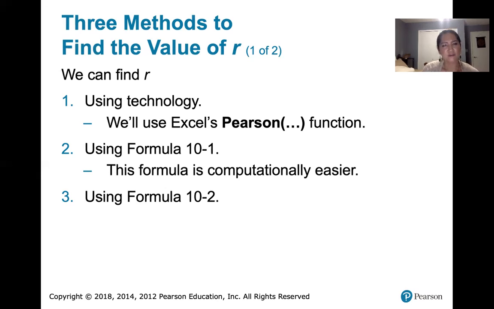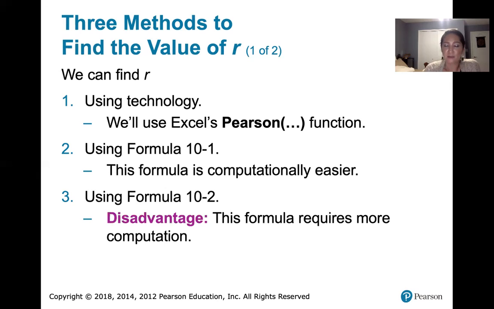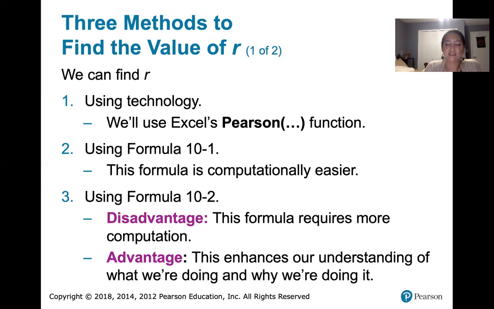Then the third method for computing the value of R is to use formula 10(2). Now, this does require more computation, but the advantage of using formula 10(2) is that it enhances our understanding of what we're doing and why we're doing it. It takes each X value and each Y value and it translates it into the number of standard deviations that X or Y value is above the mean.